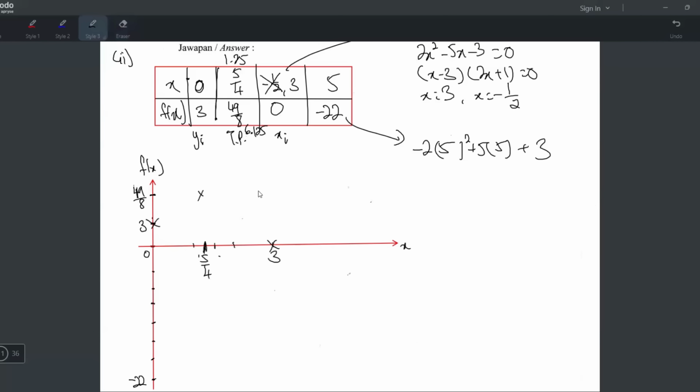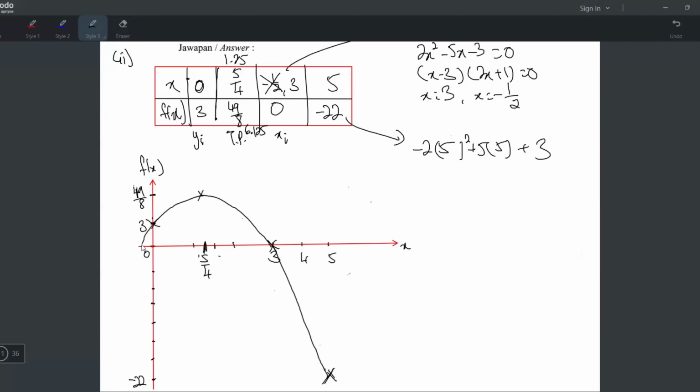This one, I think I will put it a bit like that. So let's join. Okay, so this one, I will fix it a bit. 5, -22. So roughly like this.